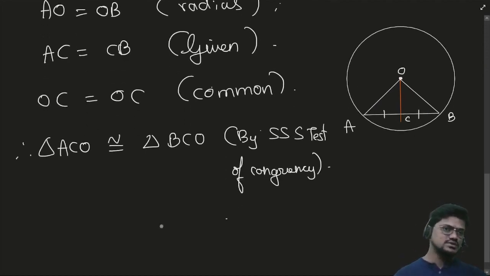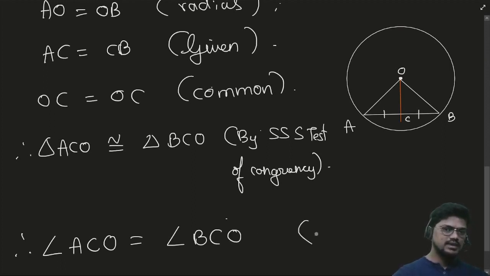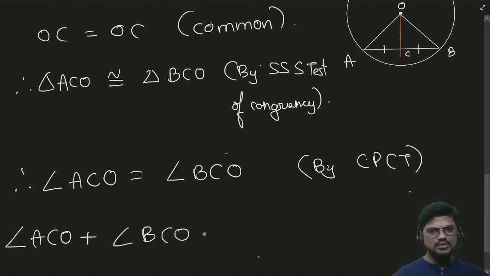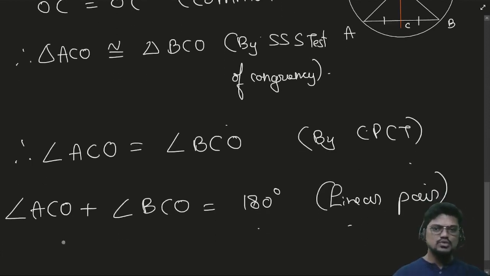So after this congruency, can I say therefore angle ACO is equal to angle BCO? Yes, by CPCT. They both are equal. But what I know, angle ACO plus angle BCO will be equal to how much? 180 degrees. Why? Linear pair.